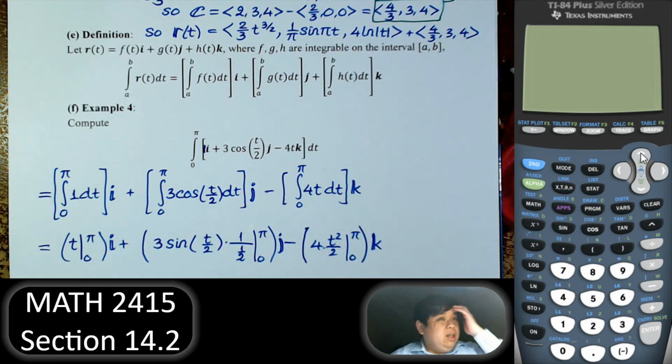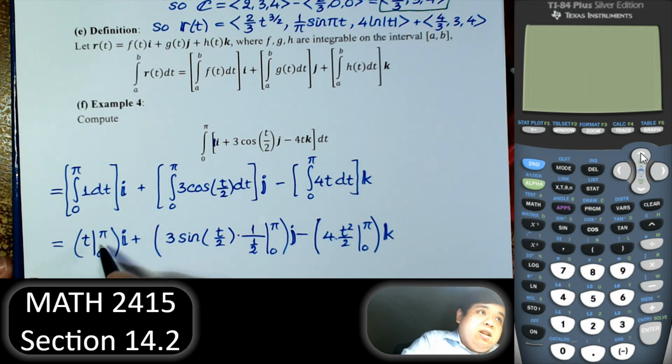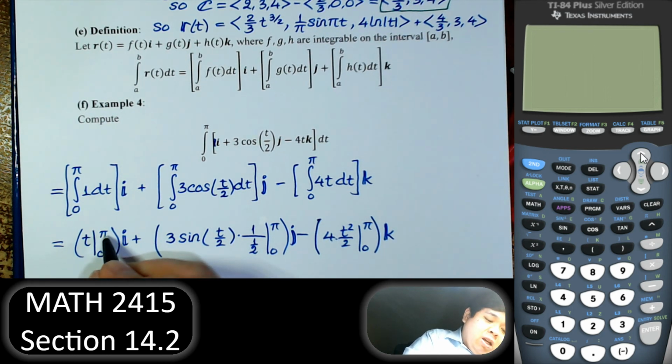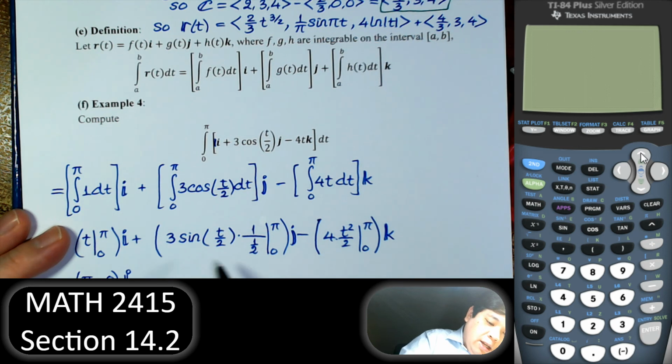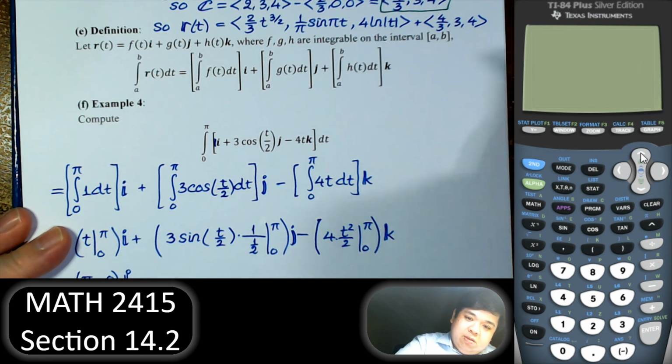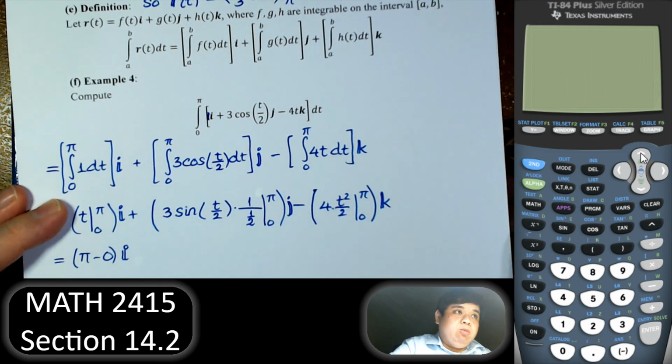Yeah. So not much different than the previous one, except this time we have the limits. Definite integral, so we just evaluate. Put pi and put 0 in. So we have just pi minus 0, i. And then 3. By the way, either you write i, j, k or you use the bracket. Don't put the comma here.